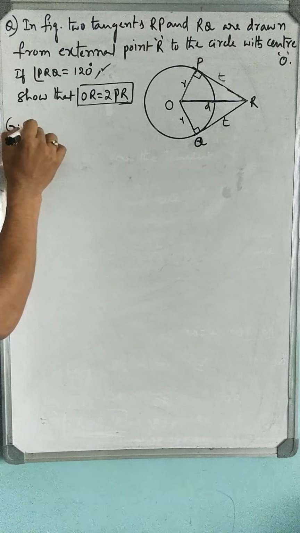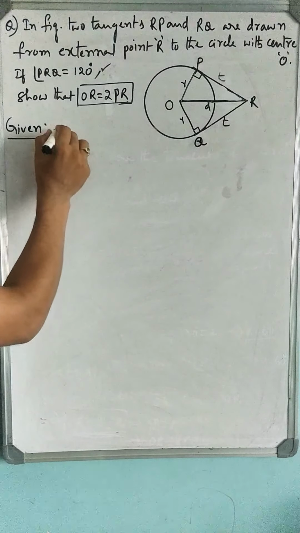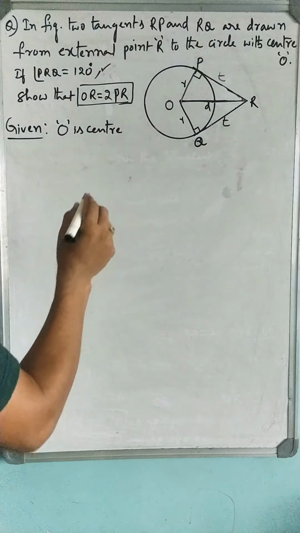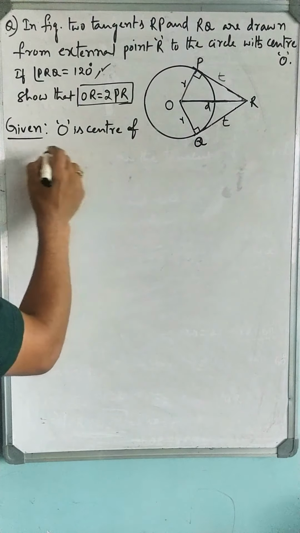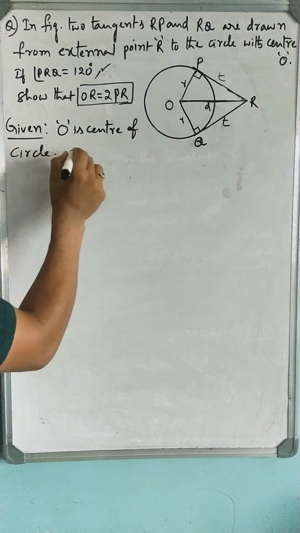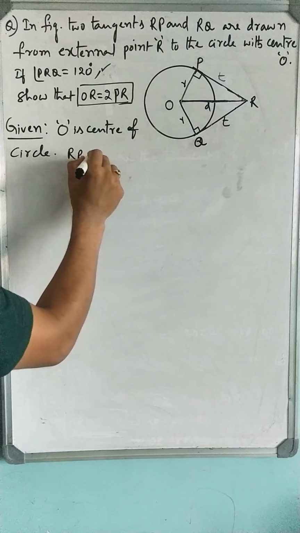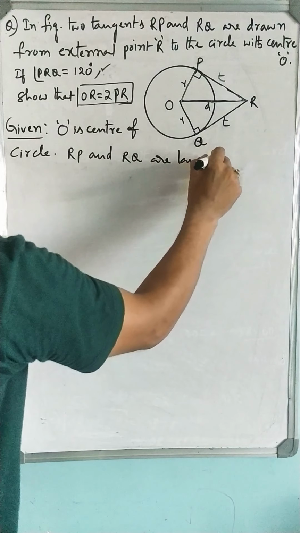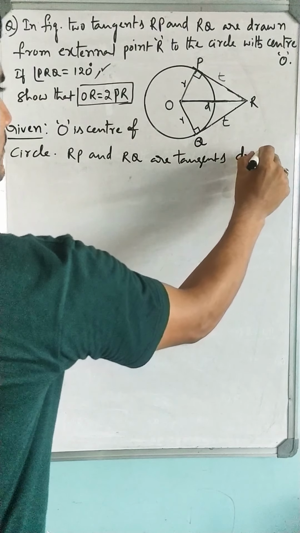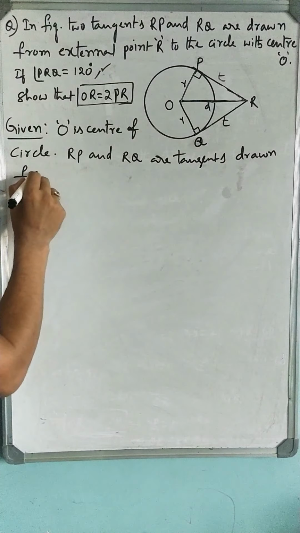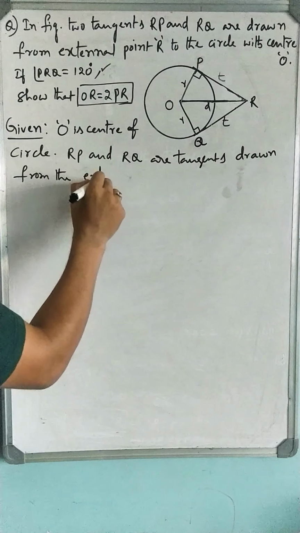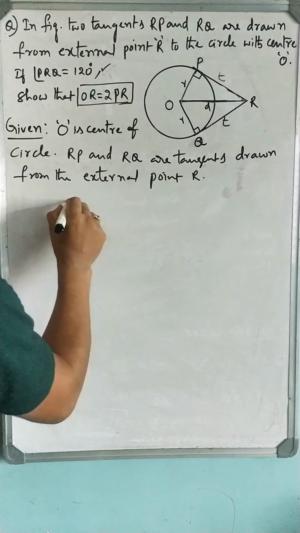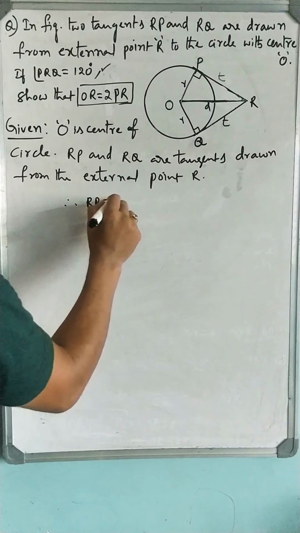Given: O is the center of the circle, RP and RQ are tangents drawn from the external point R. Therefore, RP is equal to RQ.